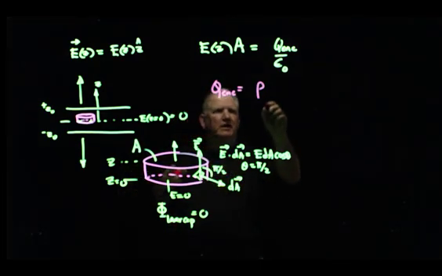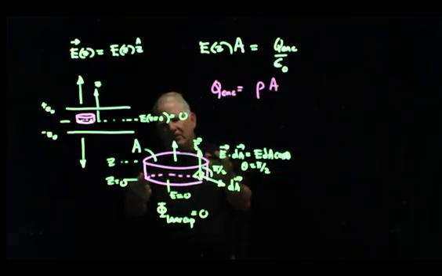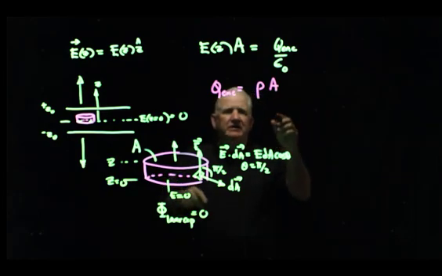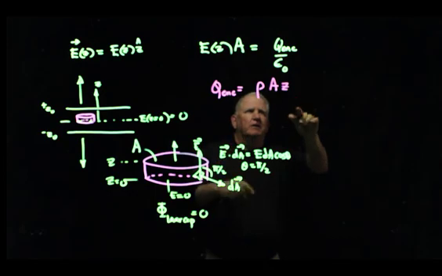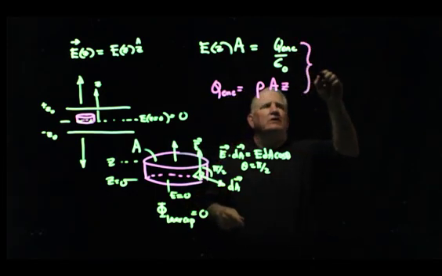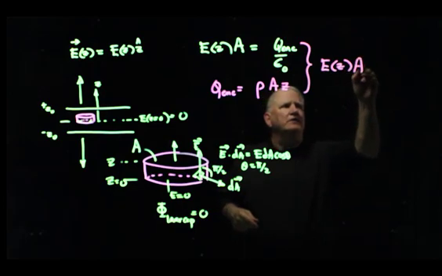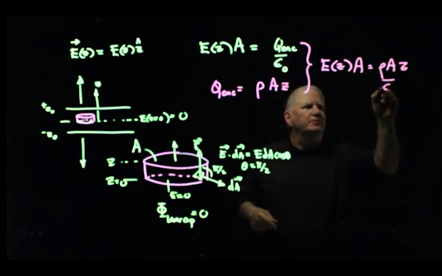And this little pillbox has an area at the top. I called it circular. It doesn't need to be. It just has to have an area A, and it's got a height z. So if we combine these two things, you see E z A is equal to rho A z over epsilon 0.